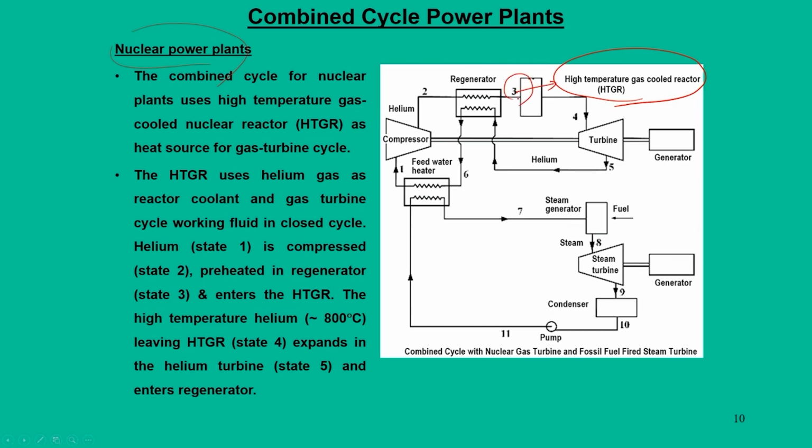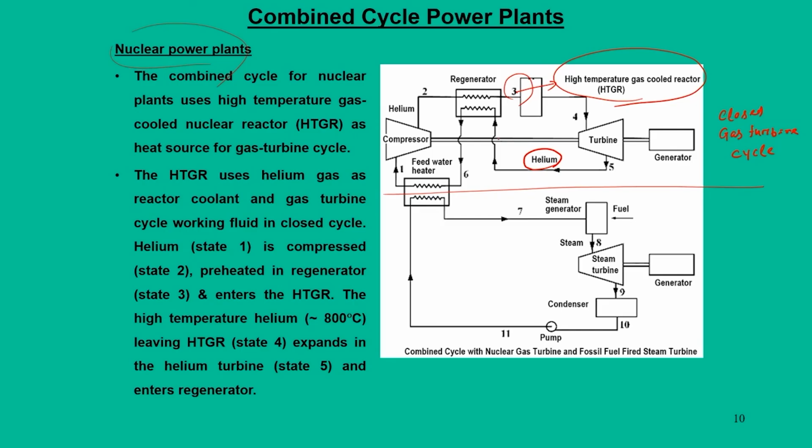Here we look at a closed gas turbine cycle, in which your working fluid is helium. The choice of helium is very natural because it is an inert gas, and we are integrating with nuclear fuel. So that is why helium is the working fluid.